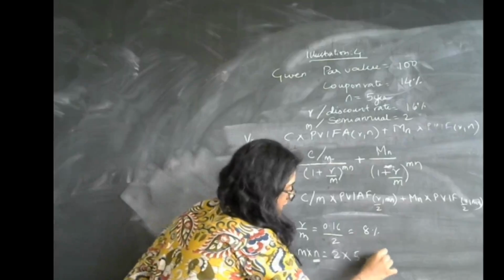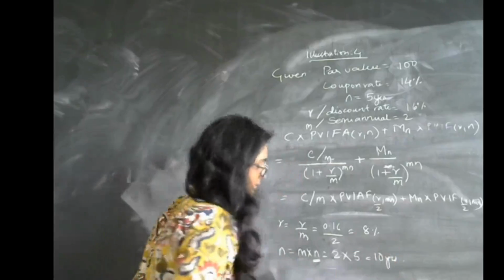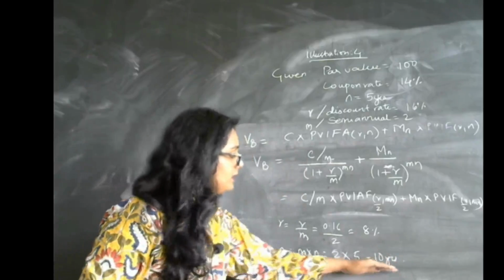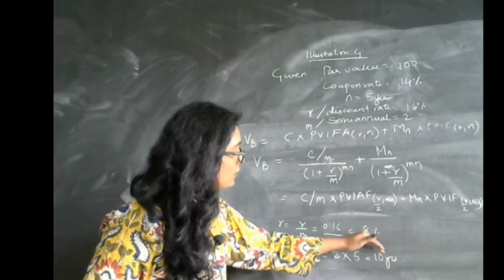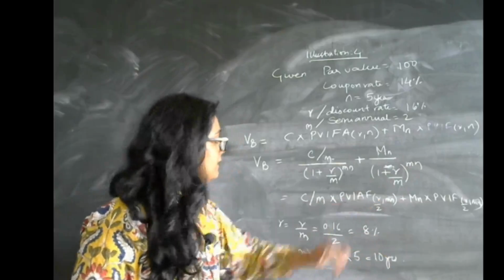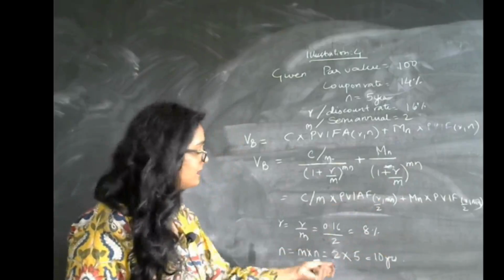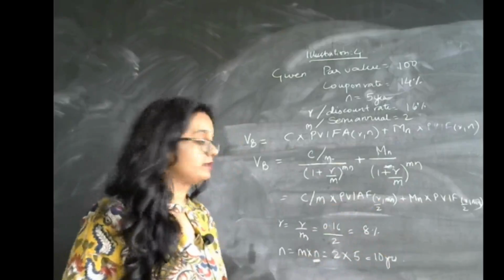So 5 2s are 10. So it's going to be 10 years. So we know it is 10 years, we know it is 8%. Now we can write over here that it is 10 years and 8%.